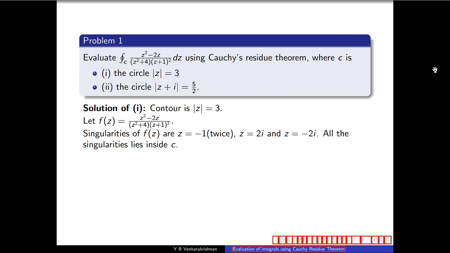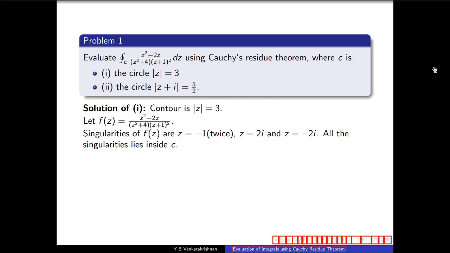So z is equal to minus 1 will be the root of the denominator of f of z, and then when I equate z squared plus 4 is equal to 0, we get z is equal to plus or minus 2i. And when I calculate mod z, modulus of minus 1 will be 1, which is less than 3, namely the radius of the circle. Modulus of 2i is again 2, less than 3. z is equal to 2i also lies inside C.